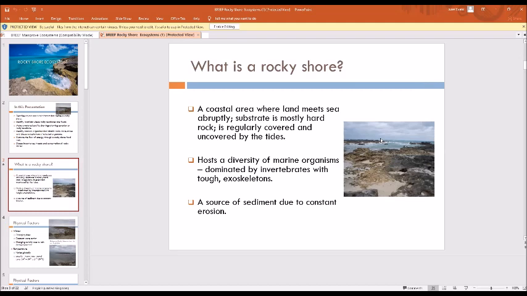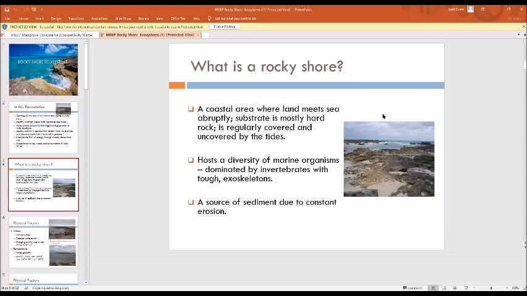Usually when we think about the beach, we think of something that has sand, but obviously not all of the land that you find next to the ocean is going to be filled with sand. Sometimes you have a sandy shore, which is a different type of ecosystem. And other times you have a rocky shore, which is what we'll be talking about today.